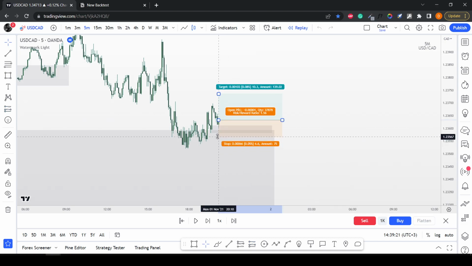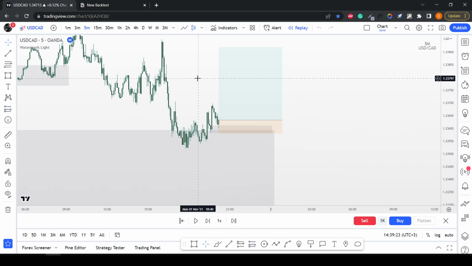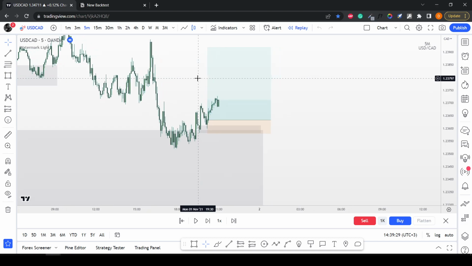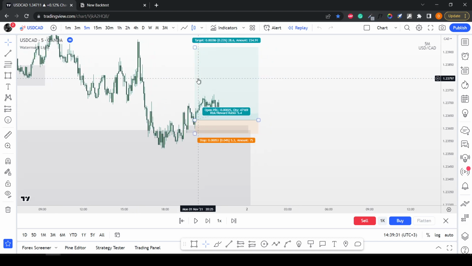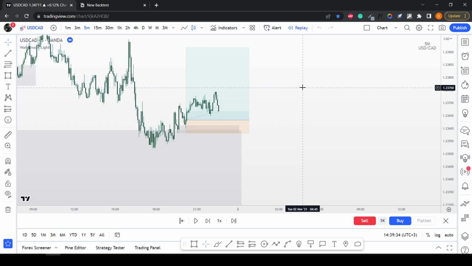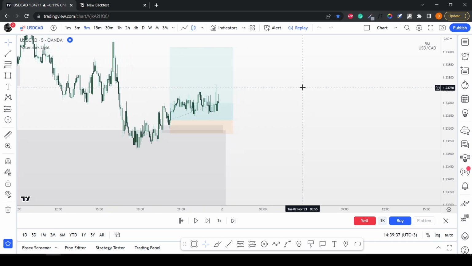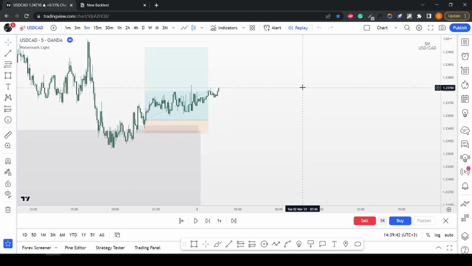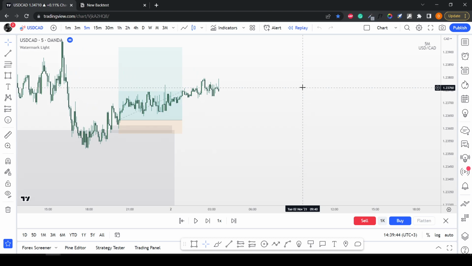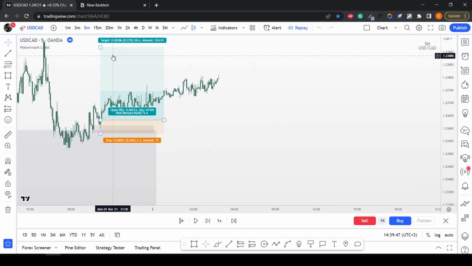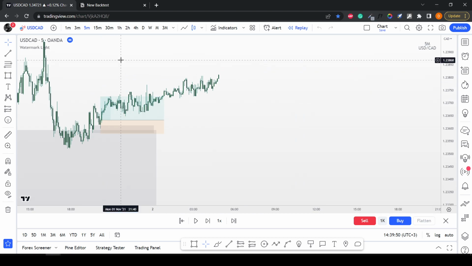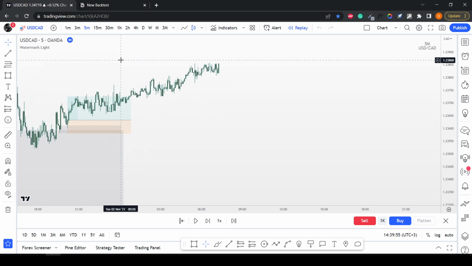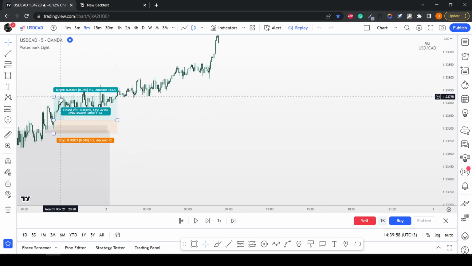So stepping in at the market price here, going break even. Building some liquidity to the upside, and hopefully we will break it. Trail to here. Trail to here.